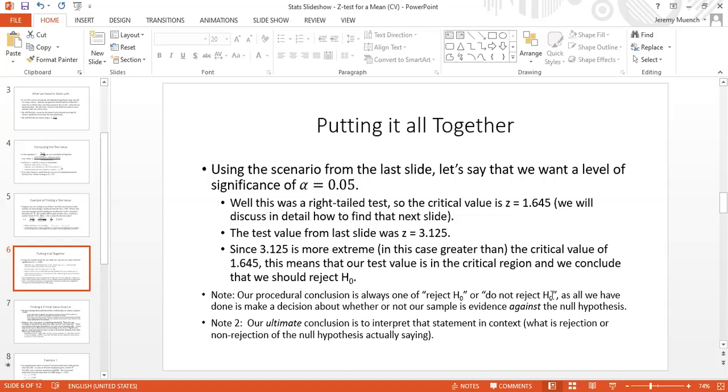It's never accept the null hypothesis. The reason for that is that the evidence we're collecting is always placed on a curve where the assumption is that the mean is the hypothesized mean, whatever baseline we're basing our hypotheses around.